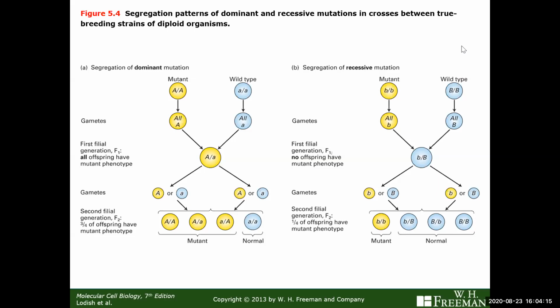So if you cross the homozygous recessive mutant with the homozygous wild type, then in the F2 generation, the normal to mutant ratio will be 3:1.